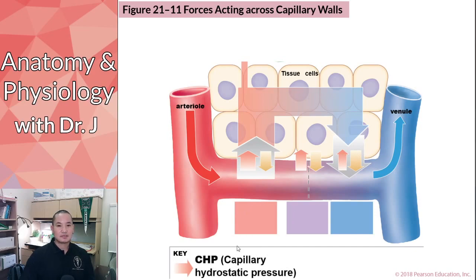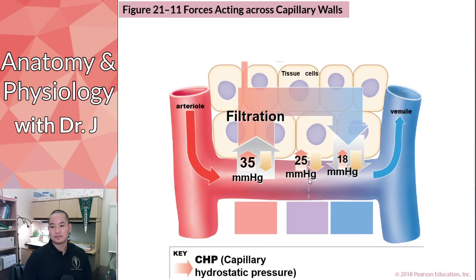Now, capillary hydrostatic pressure, again, when I talk about capillary hydrostatic pressure, it's a pressure that moves and forces liquid from the inside of a vessel toward the outside. So what we see here are capillary hydrostatic pressures going from the arterial side to the venule side. Now, this process is called filtration.